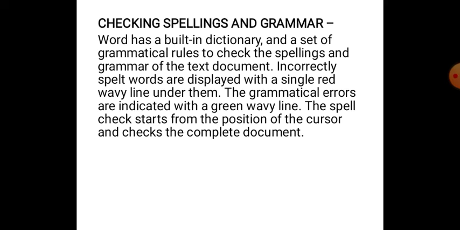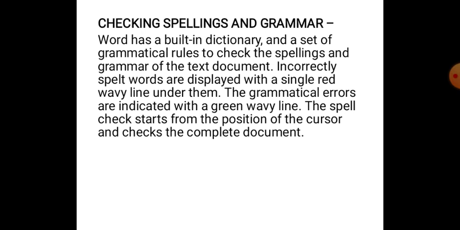Now children, we will understand the spelling and grammar checker feature. MS Word has a dictionary of words. It has grammatical rules to check the spelling and grammar of the text we write in a document. Whenever we write any word or sentence, MS Word checks the spelling with its own dictionary, and also checks whether the sentence is grammatically correct or incorrect.